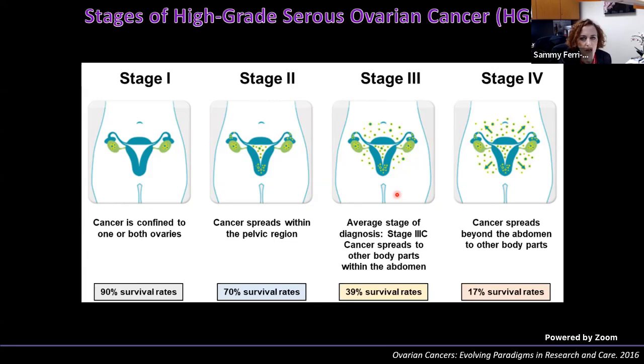But the vast majority of these tumors recur within 12 to 24 months after treatment, and patients will die of progressively chemotherapy-resistant disease. Moreover, new immune checkpoint therapies show little to no effect in HGSC patients. So there is really a need to find new therapeutic targets as well as biomarkers that can predict resistance.